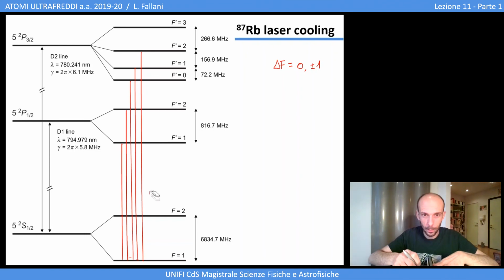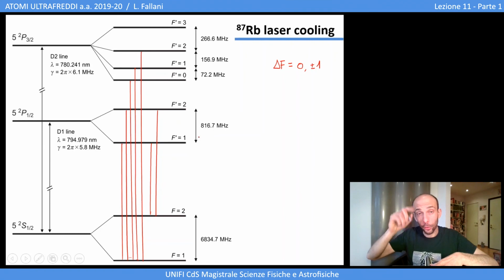So the first possibility is a transition from f equal 2 to f prime equal 1 on the d1 line, or f equal 2 to f prime equal 2. Then, going to the d2 line, we cannot have 2 to 0 because of the selection rule that I've written above.